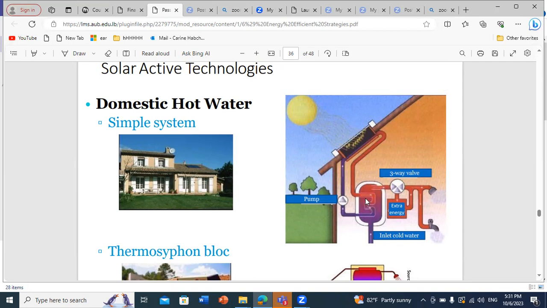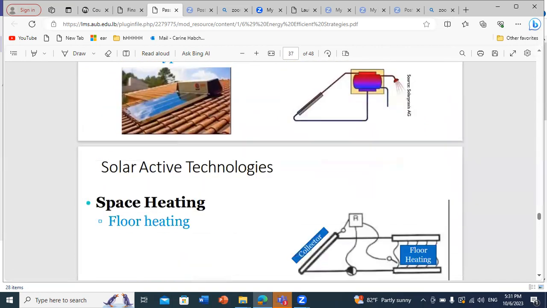This reservoir will be controlled with valves, and whenever you need to use the water, you can operate your valves. So here we can see that you have three ways: you can go to a storage tank, or it can pass by a certain heat exchanger in order to heat water, or you can use it directly. So it depends on the need that you have.